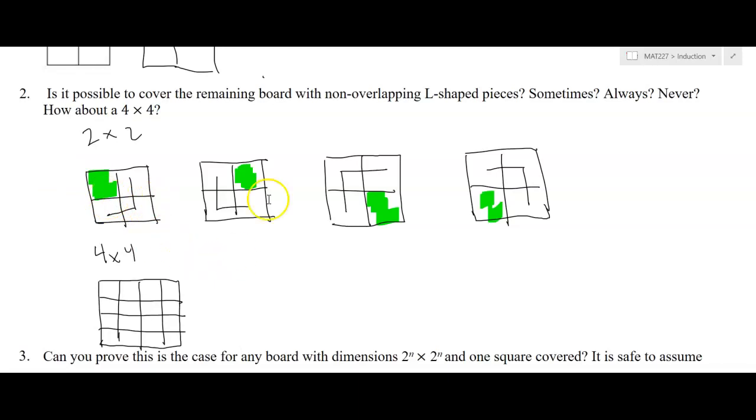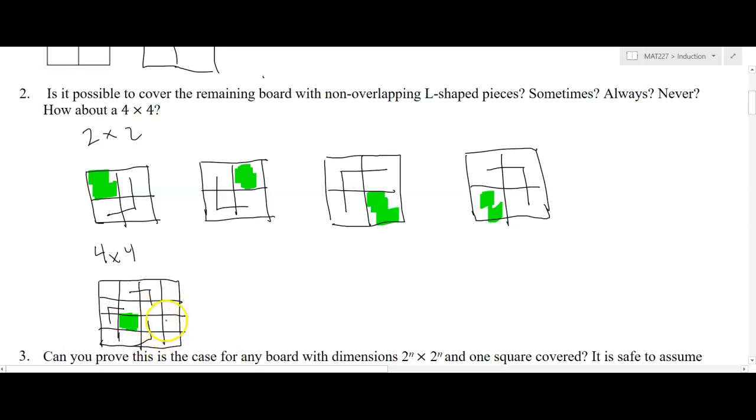First of all, we have to cover up any square inside of this. I should be able to cover up any square. For instance, I should be able to cover up this square right there and tile the rest using these L-shaped pieces. So I can start and do that, and do that over here, maybe this over here.